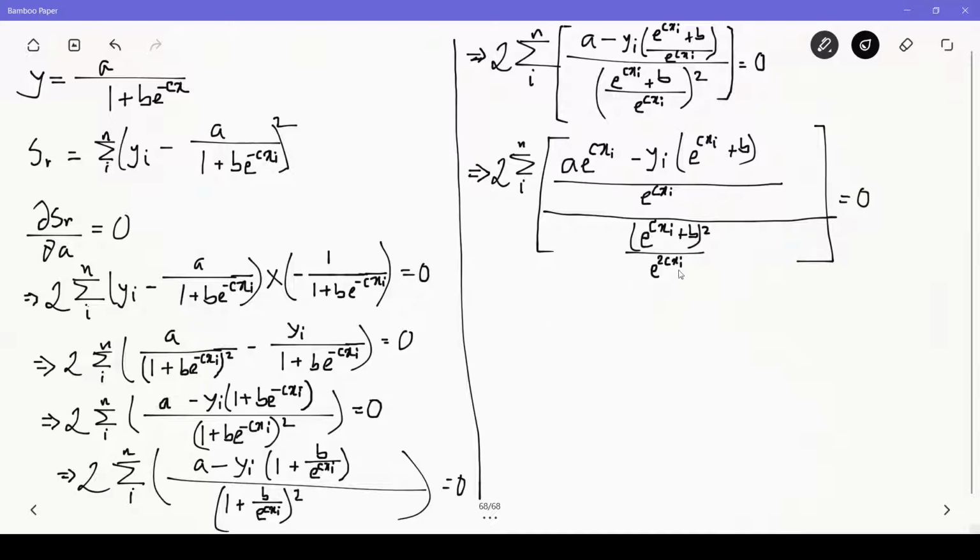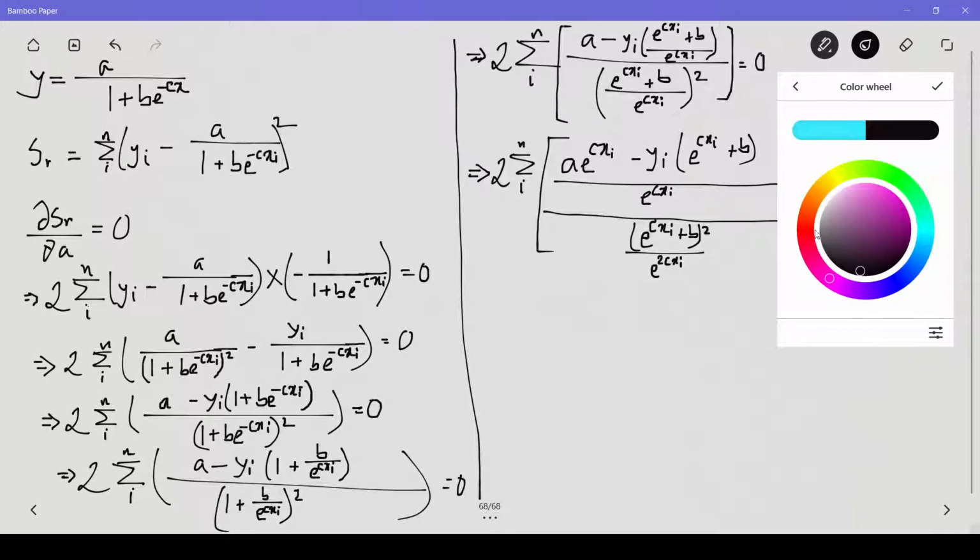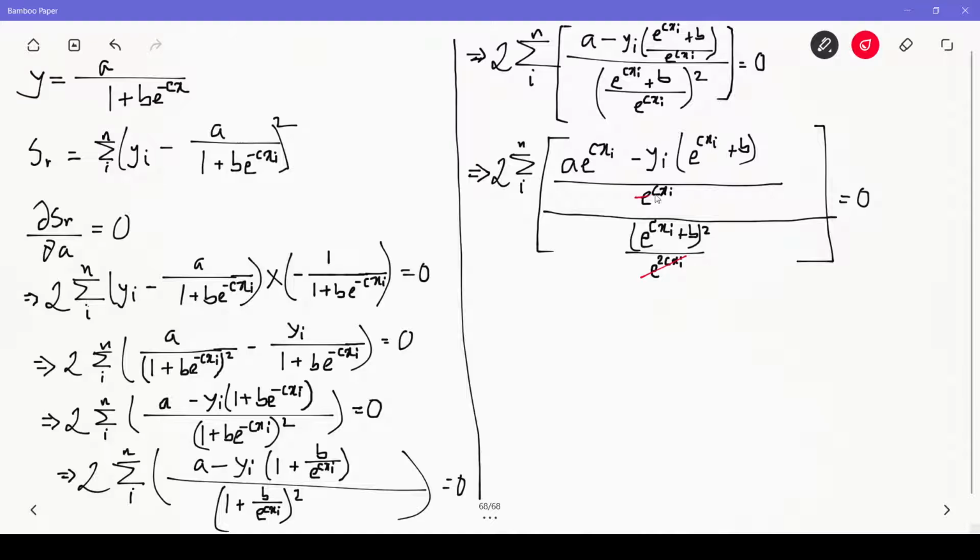Okay, so clearly we can see that the e to the power cxi term and e to the power 2 cxi term can cancel one instance of this term over here. So we get something like e to the power cxi, right?